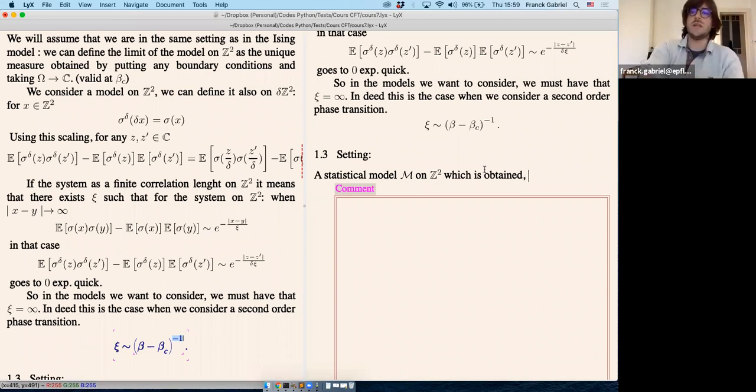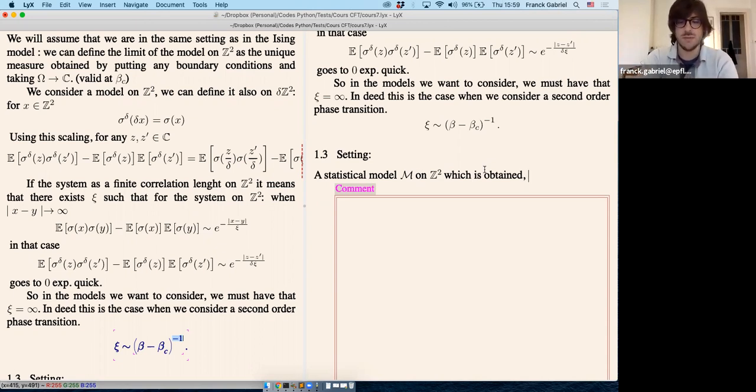We are assuming that somebody arrives and says, I don't know anything about CFT, I'm just doing statistical models. I have managed to show that I have a model and I can define it on Z2 without need of any boundary condition. What can you do with that?